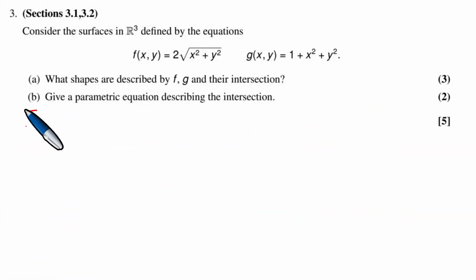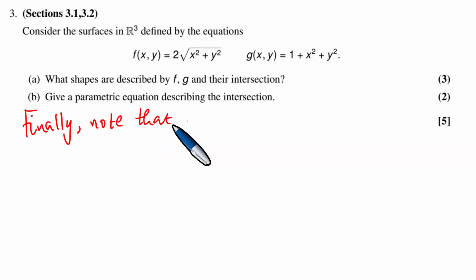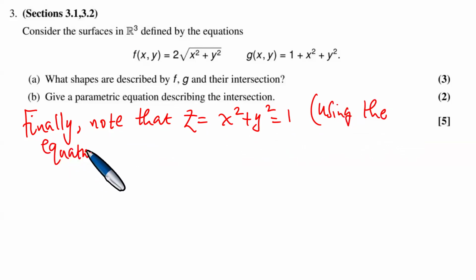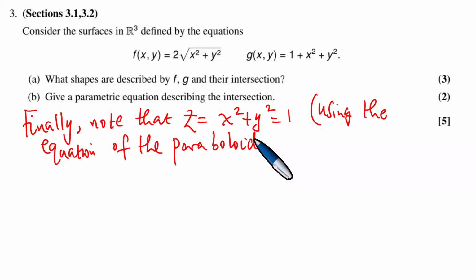But finally, let us say more about this. Finally, note that z, using the equation of the paraboloid, is x squared plus y squared plus 1.